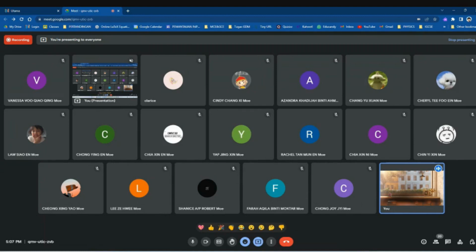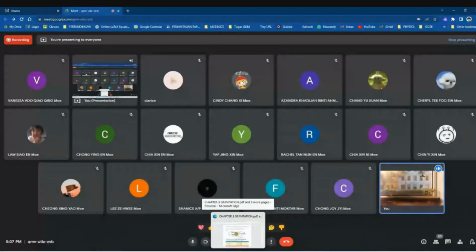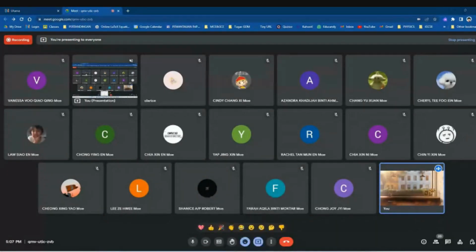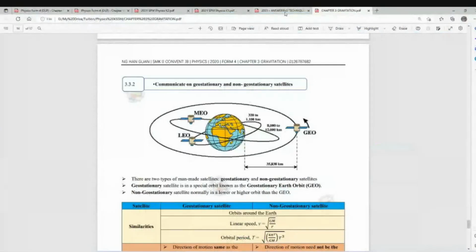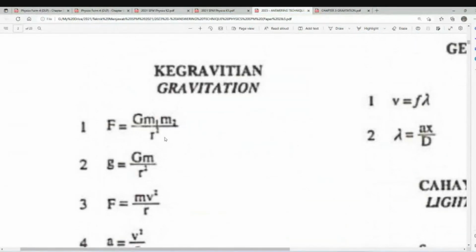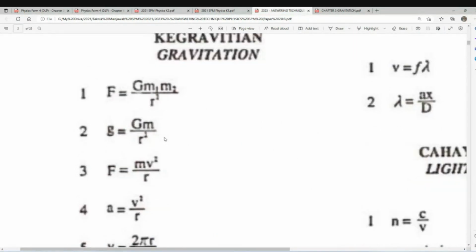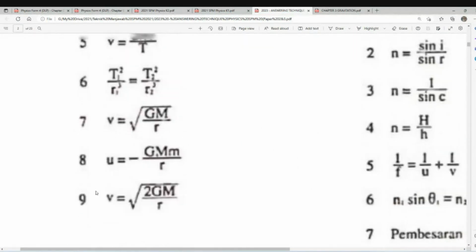Alright, so today we're going to discuss our chapter 3 and chapter 4, form 4. We have a look first at this formula. As you can see in the formula list, for the gravitation chapter, the formulas go from 1 to 9.